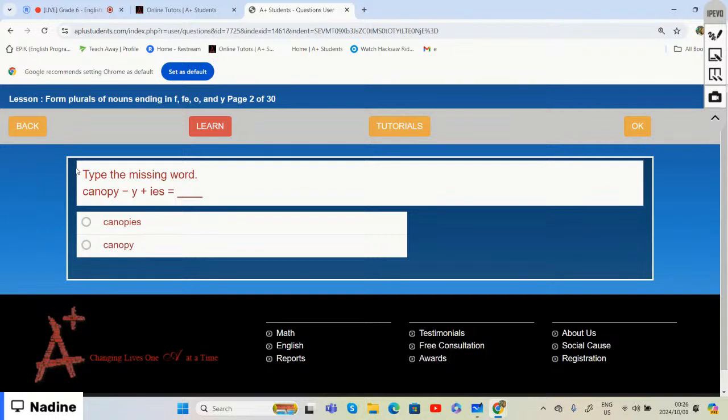Which one is correct? The plural of canopy.